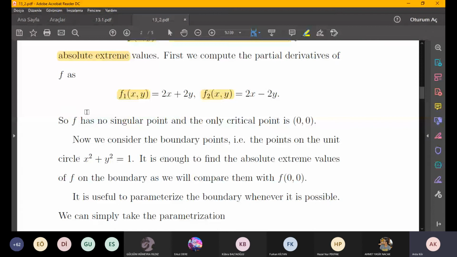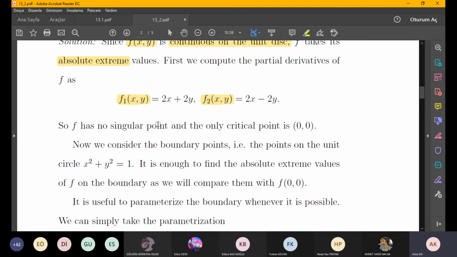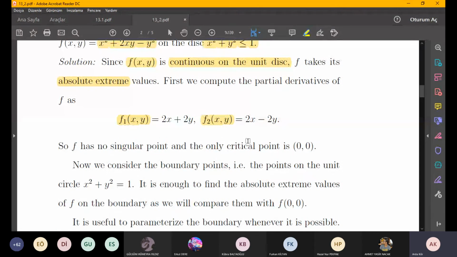So f has no singular point, meaning there is no point where the gradient vector is undefined, but there is a point where the gradient vector is 0, at the origin, at point (0,0).